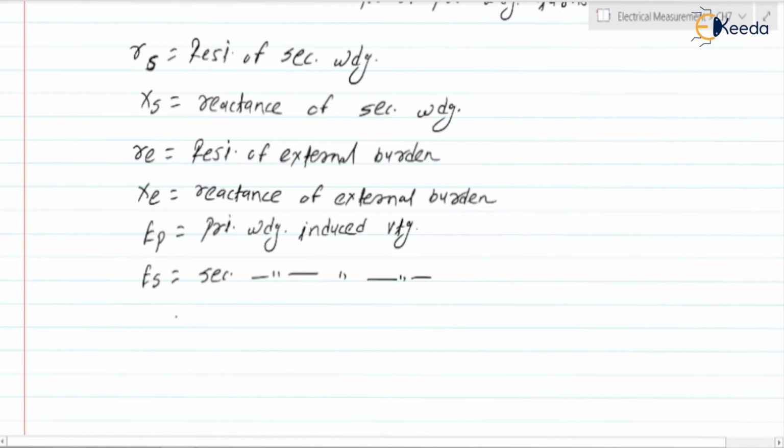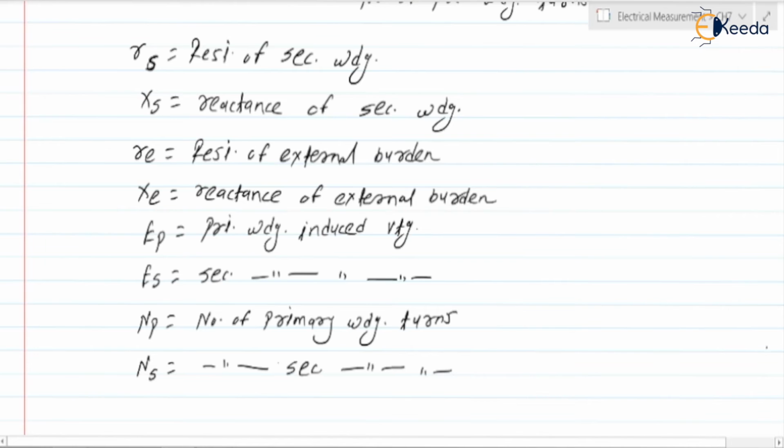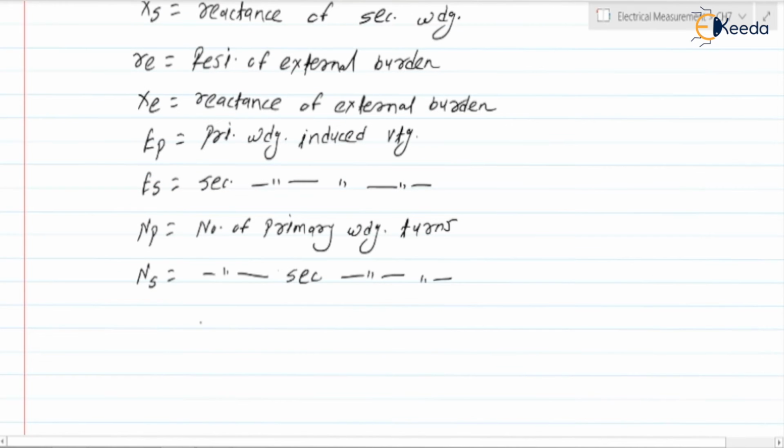Next, we are having NP, the number of primary winding turns, that is the NP. NS is the number of secondary winding turns, that is the NS.